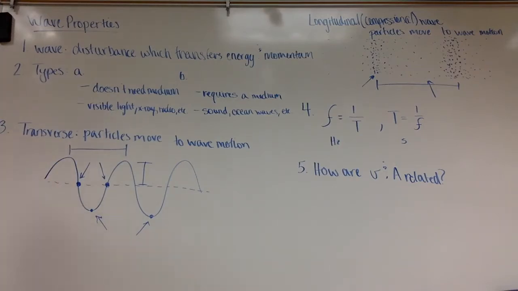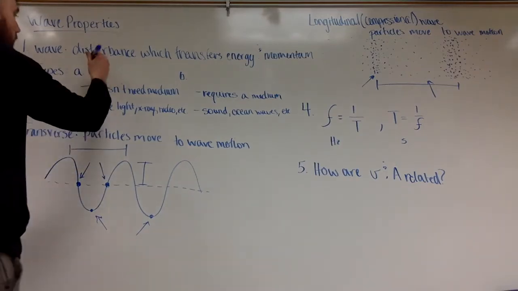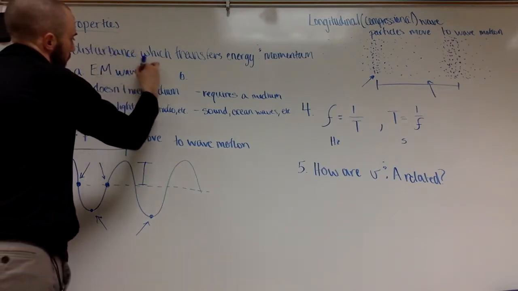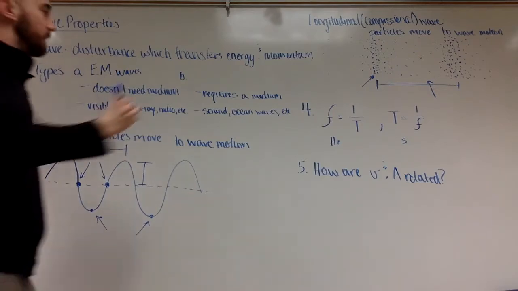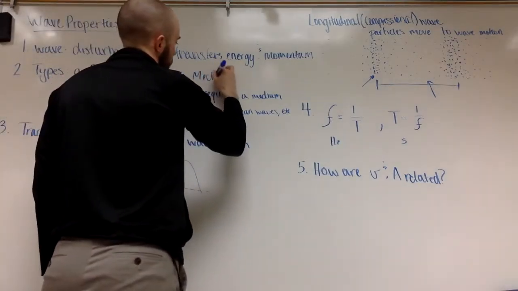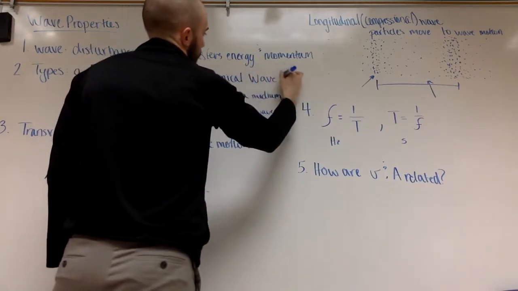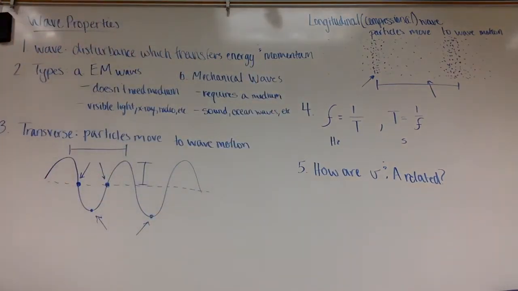We've got 2 types of waves that we can see. The first type are electromagnetic waves, and the other type are mechanical waves. With electromagnetic waves, they do not need a medium to travel.